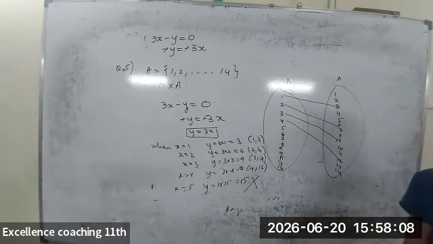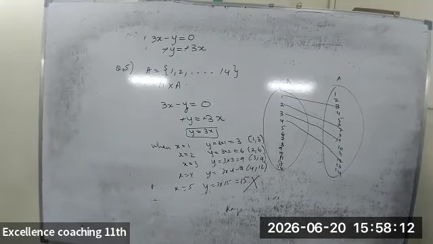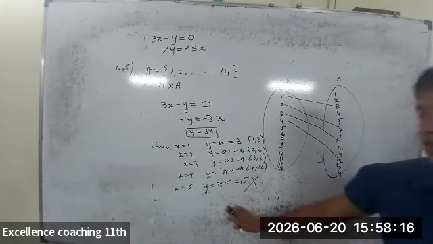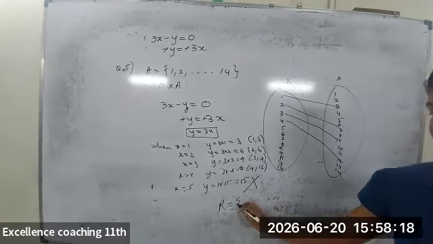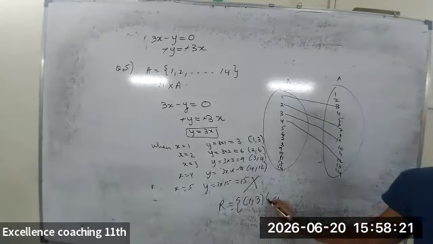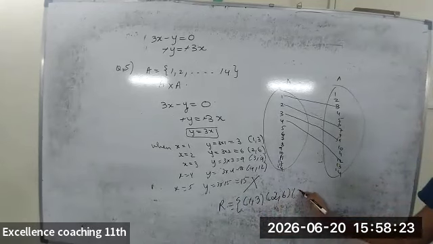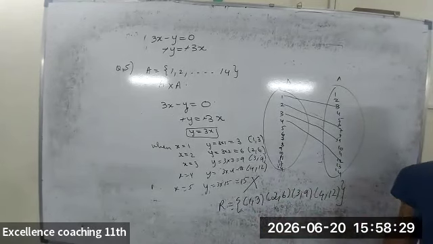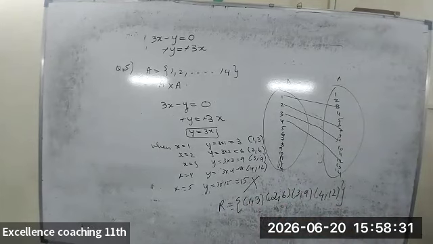So this will not be taken last because it has crossed 14. Now write the relation. That's it. And now fast domain, range, codomain, you can write.